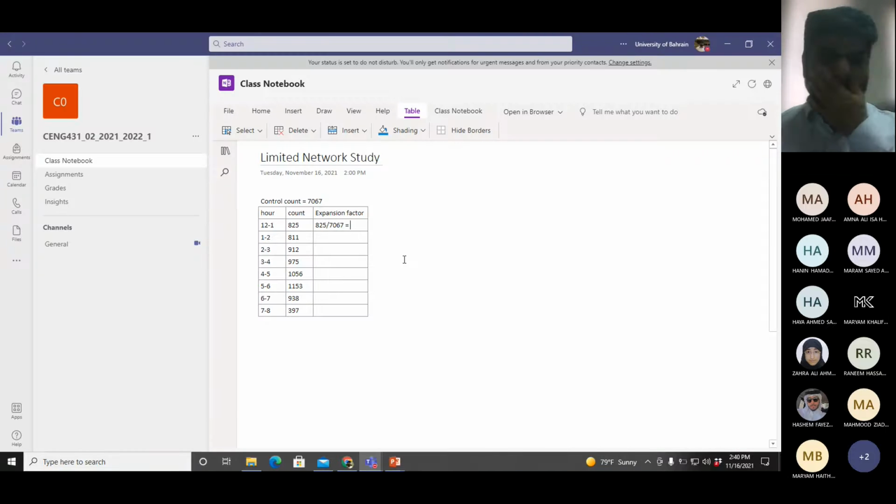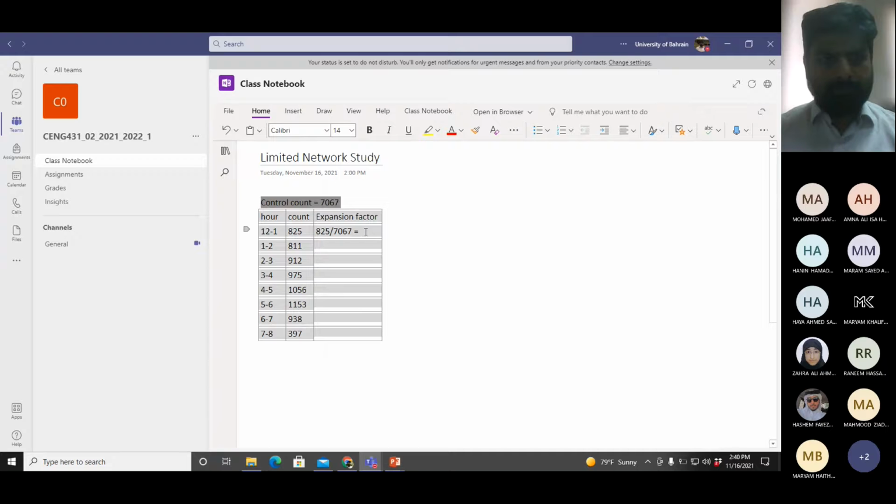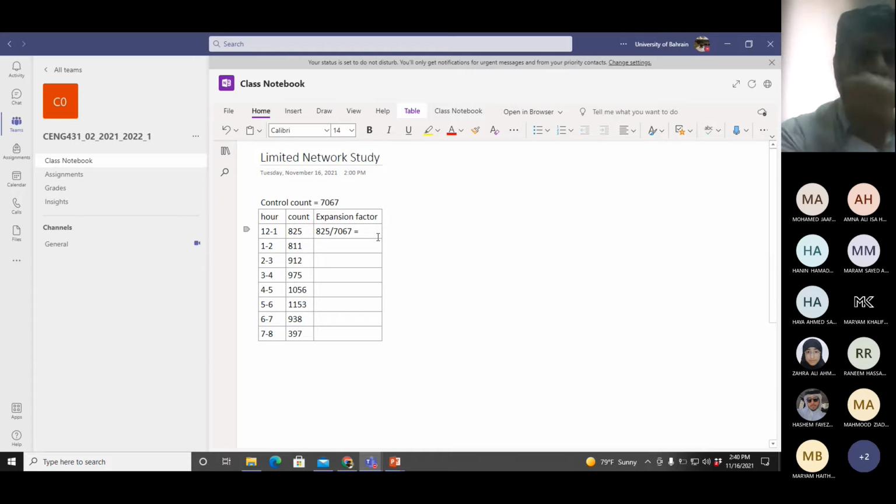How much is this? 0.12. Next one. The total will remain the same, just change the count.